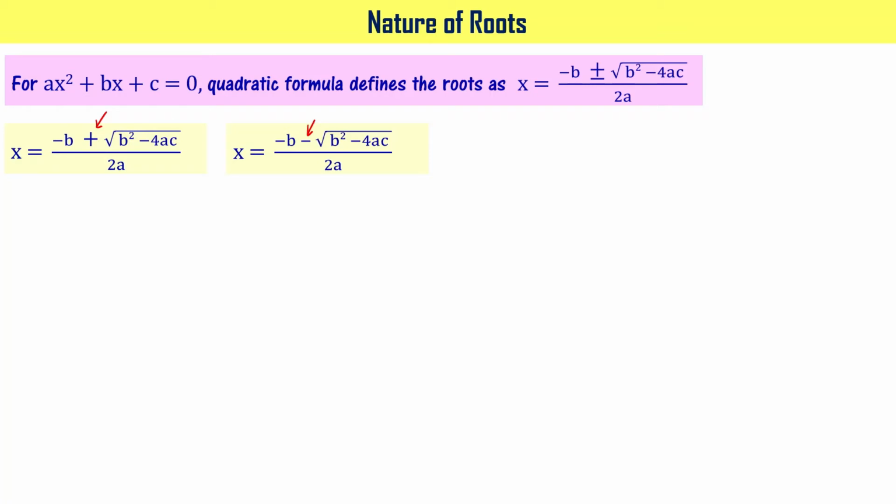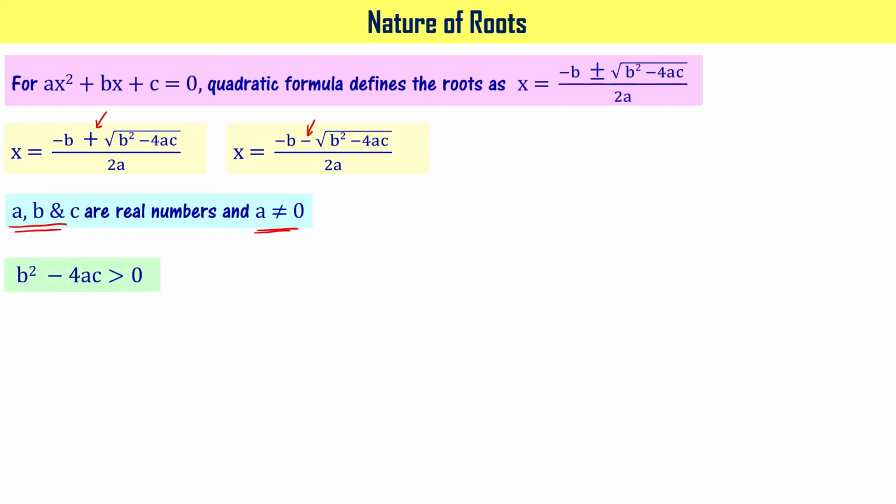Now we know that in ax square plus bx plus c equal to 0, the coefficients a, b and c are real numbers and a cannot be 0, right? a is not equal to 0. If a, b and c are real numbers, b square minus 4ac can be greater than 0, right?